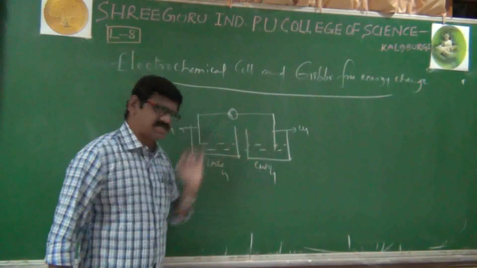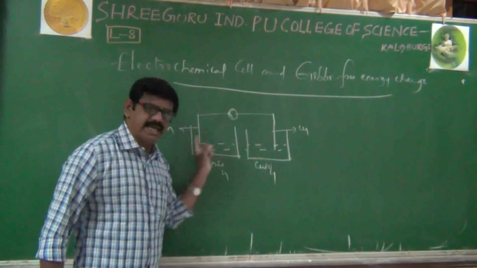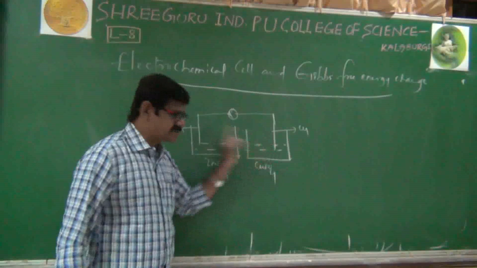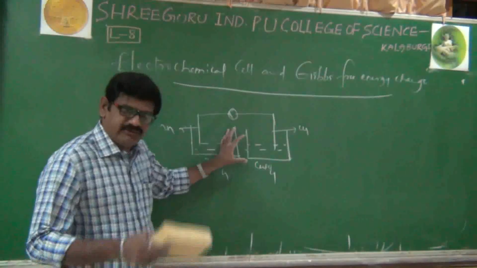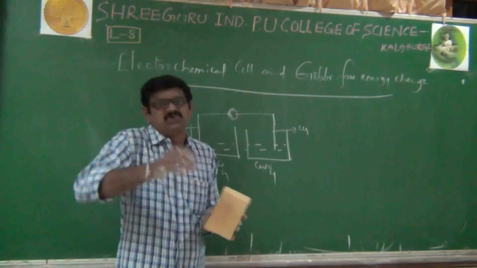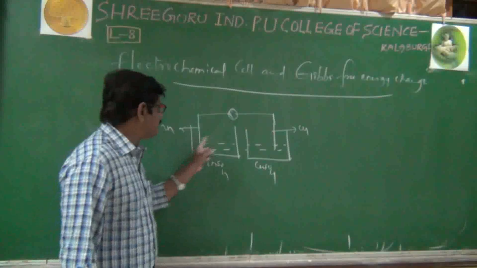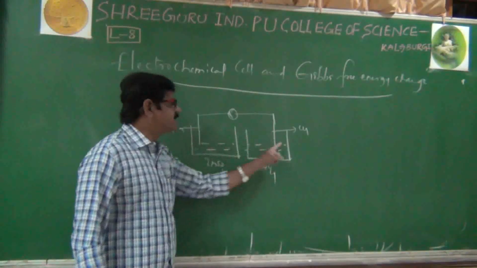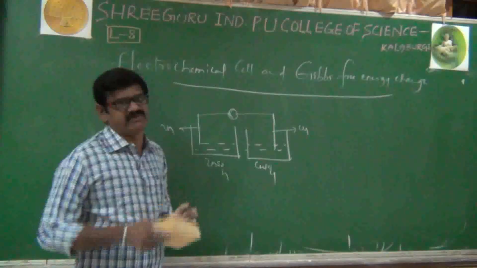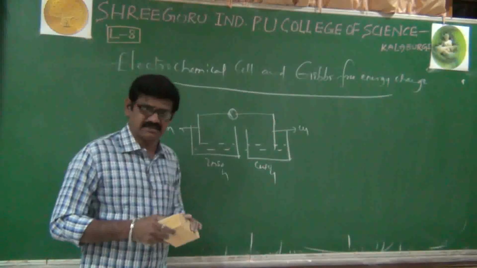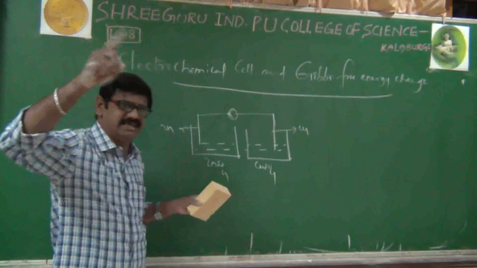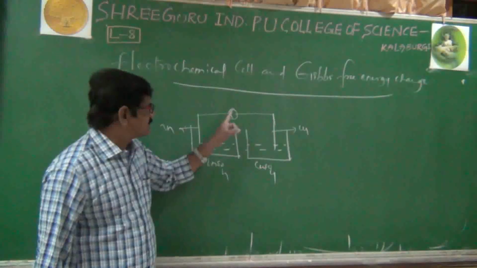Because of spontaneous redox reaction, some free energy is lost. Free energy is nothing but the energy which is utilized. I'll repeat once again. Because of spontaneous redox reactions, this cell is losing some amount of free energy. Whatever the amount of energy it is losing, that energy is converted into electrical energy.